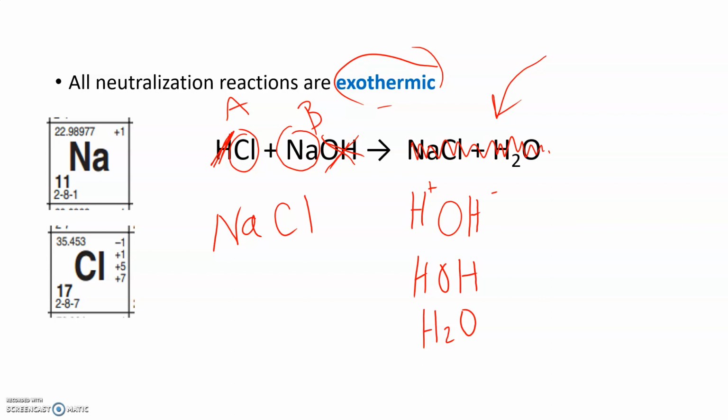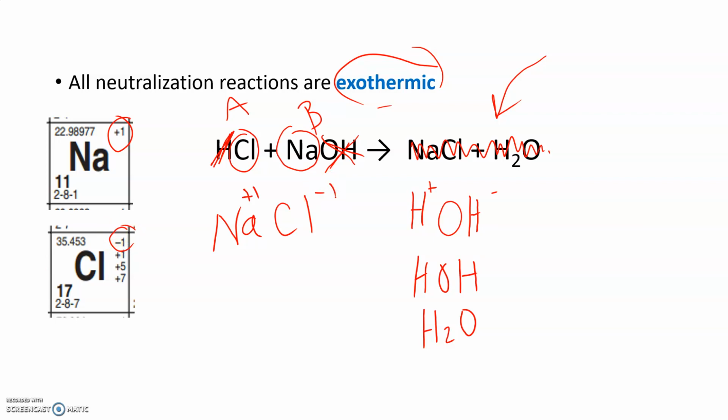But if you think back to way earlier in the year when we learned formula writing, it's really important that you look up oxidation states and then cross them down when writing chemical formulas. Sodium has to be +1 to get together with chlorine. Chlorine has to be negative. The only negative oxidation state is -1.